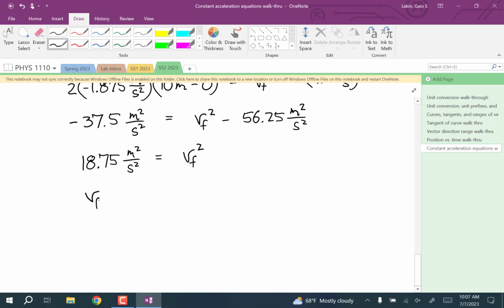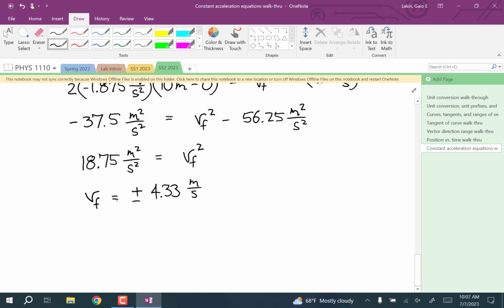So Vf is equal to the square root of 18.75. Remember that if you're taking the square root of a variable, the answer can be positive or negative. So we get positive or negative 4.33. The square root of meters squared per second squared is just meters per second, like we would expect if we're looking for a velocity.